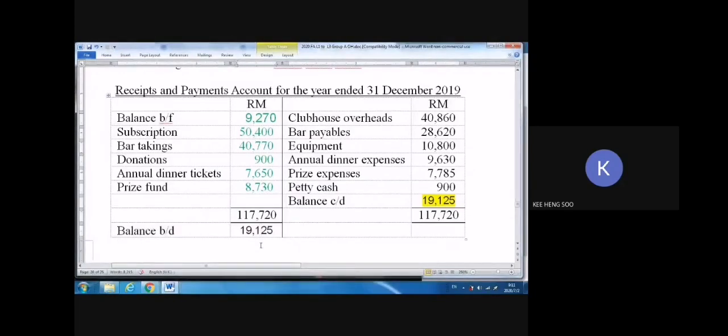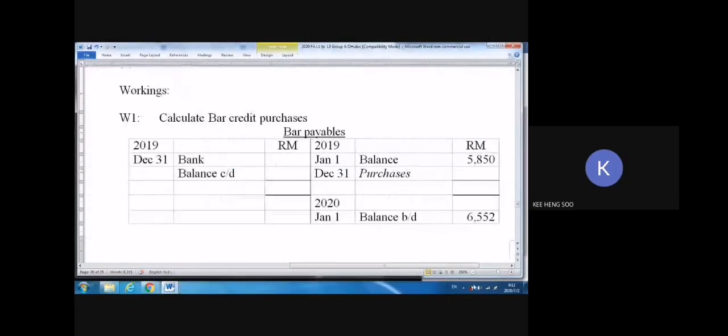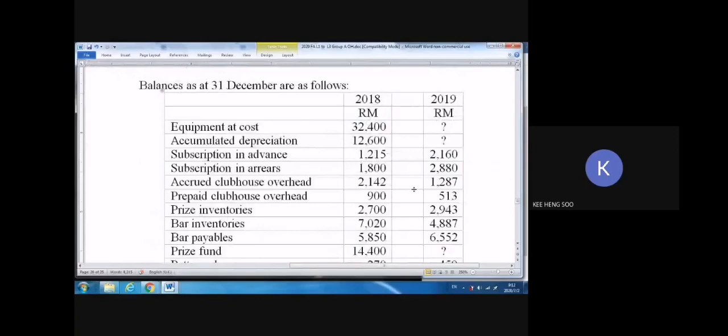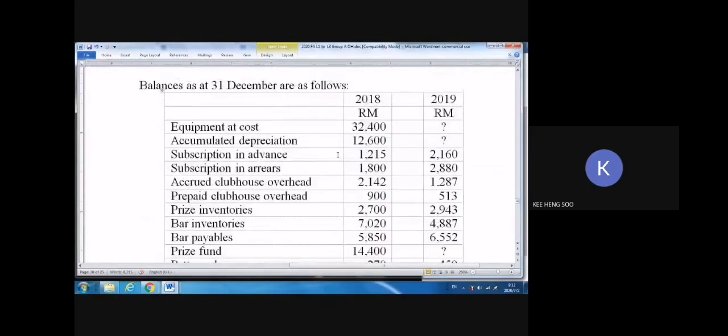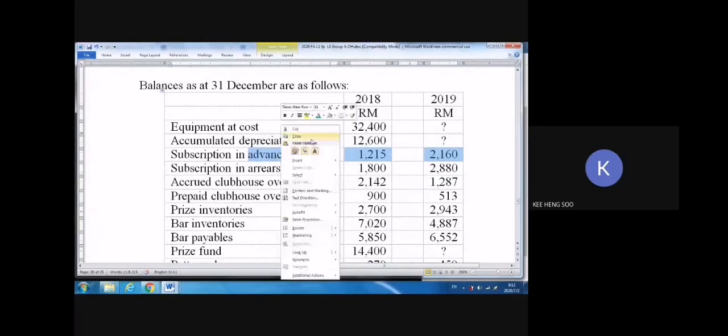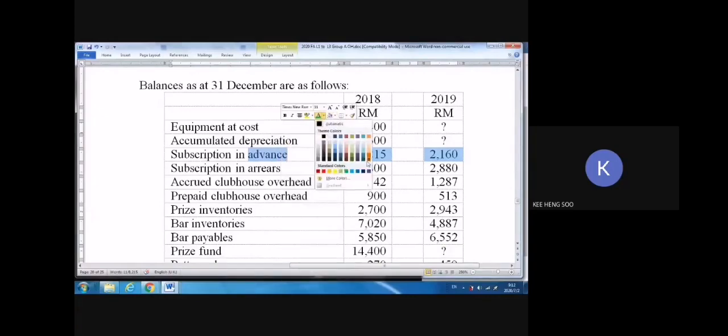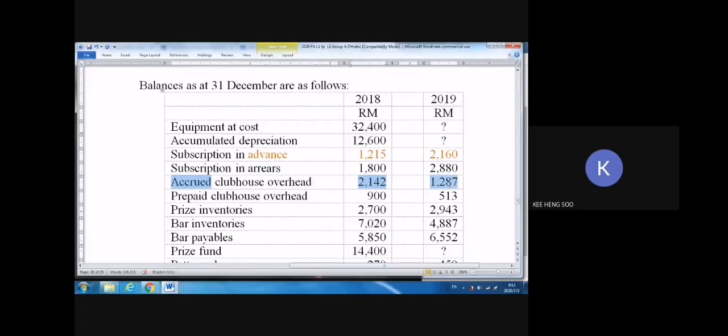You are given this information about this Club Cinta Alam, the opening balance and closing balance. Subscription in advance, remember I mentioned that in advance is a liability. And accrued expenses, also liability.